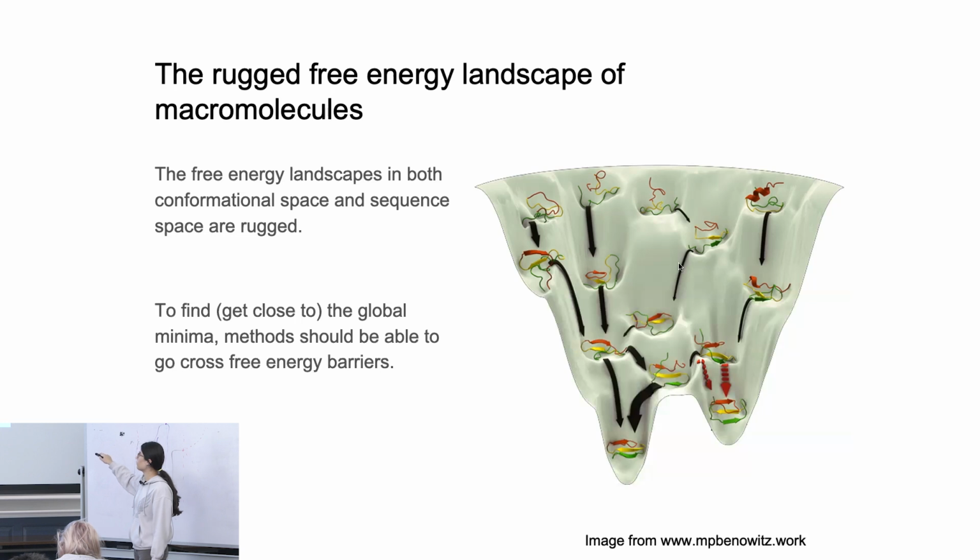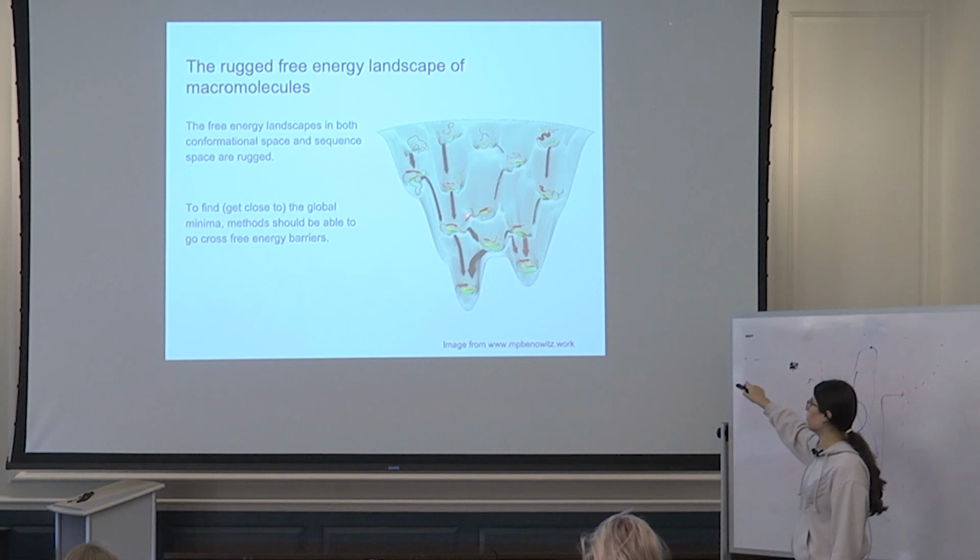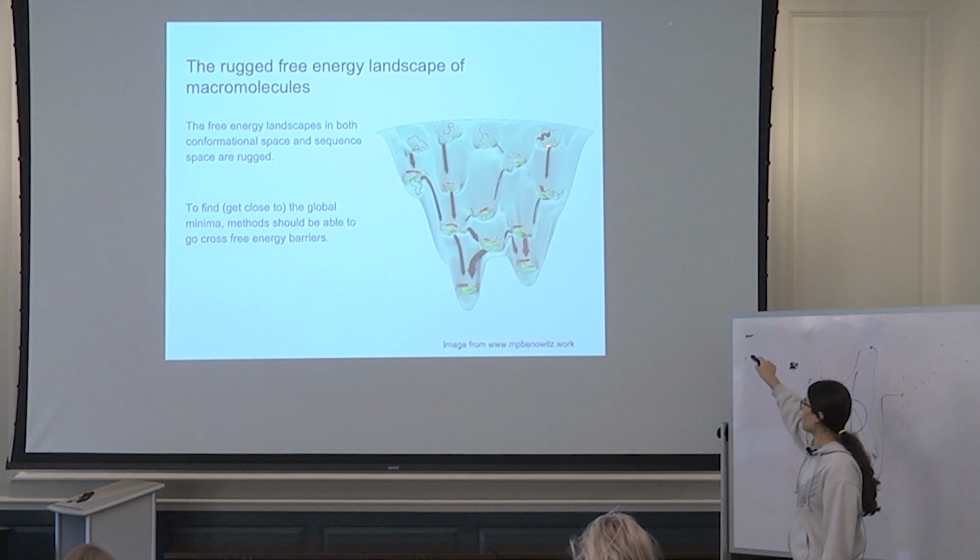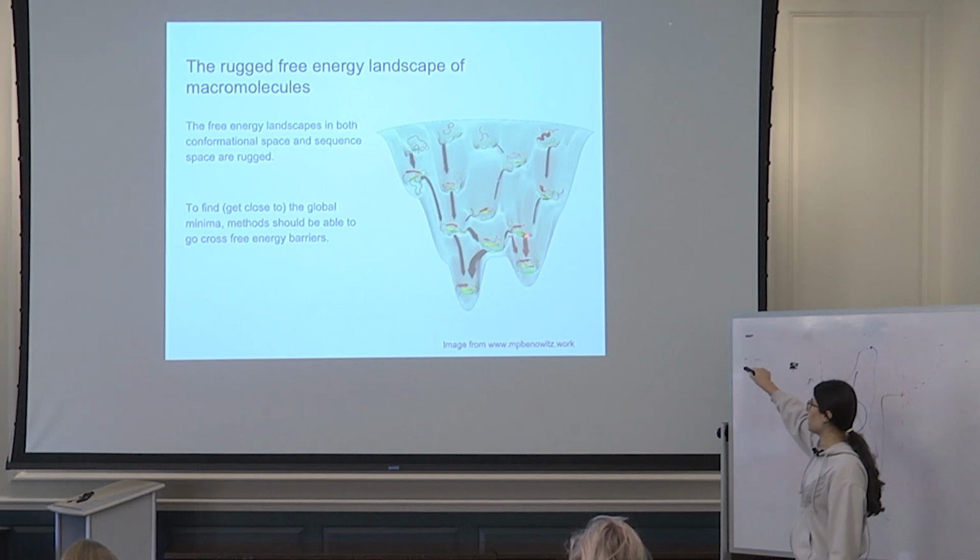But our idea is to at least get close to this global minimum and figure out some method that's able to jump energy barriers. So one example of this is, let's say you start here and you minimize a little bit, you get to this point where the energetics look better than the previous step. And then the next sampled conformation is right here.